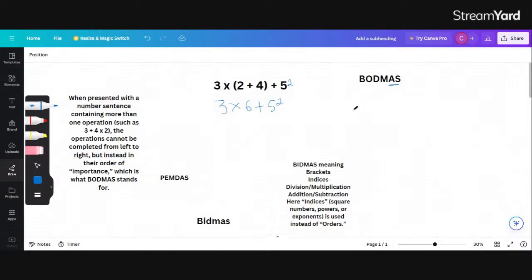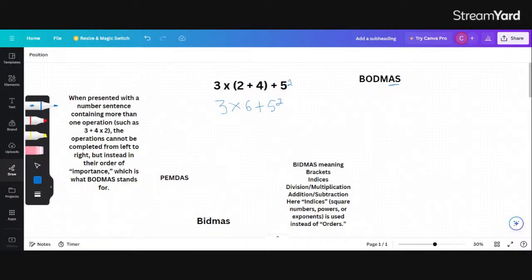Okay. So after that, BIDMAS says we take indices or others into consideration. The part that has indices here is 5 raised to power 2. That is the one we have to take care of first. So here it's going to be 5 times 5.